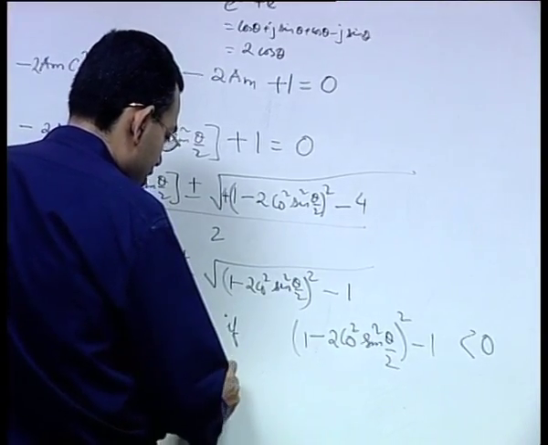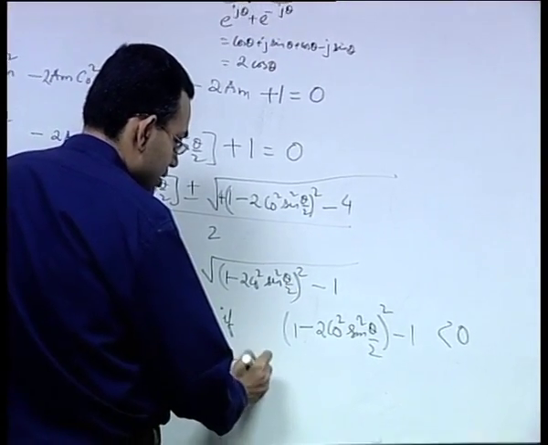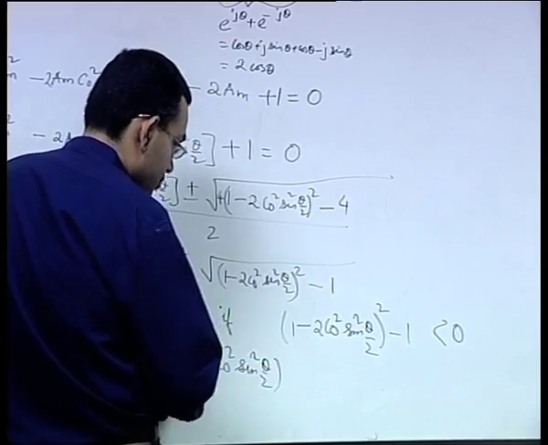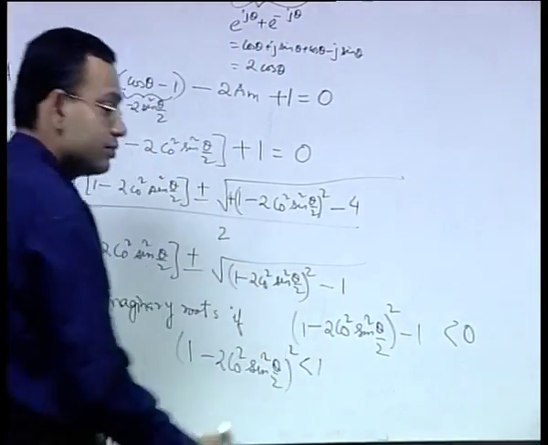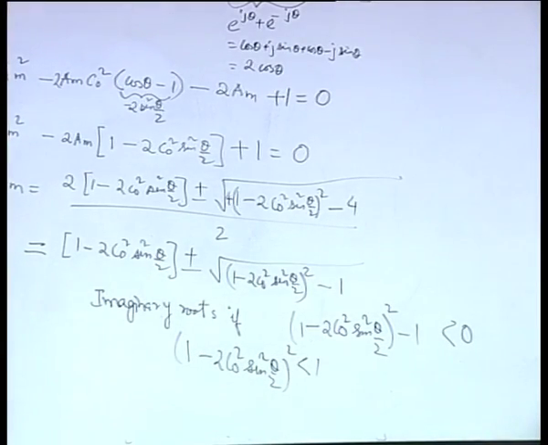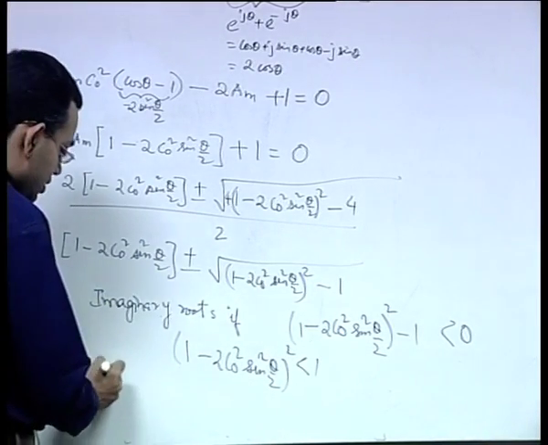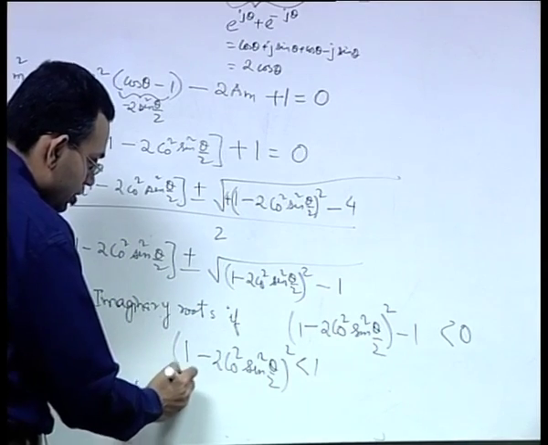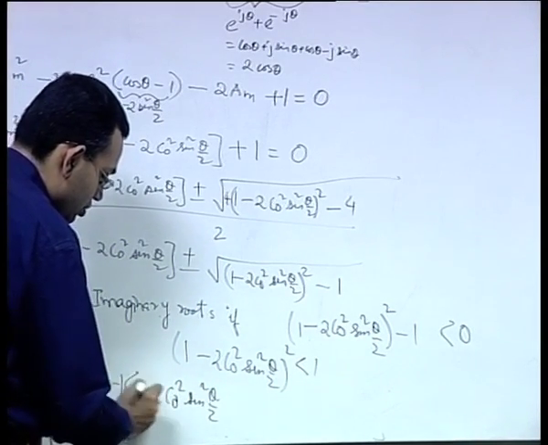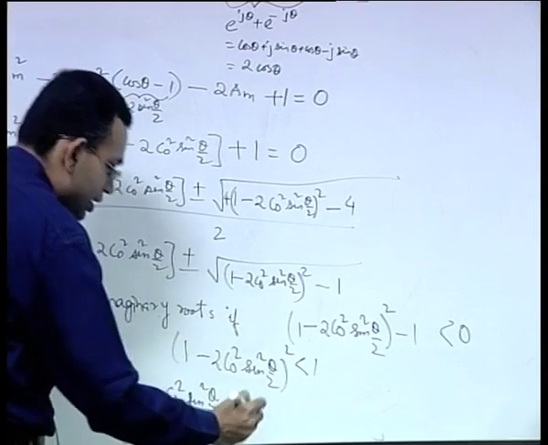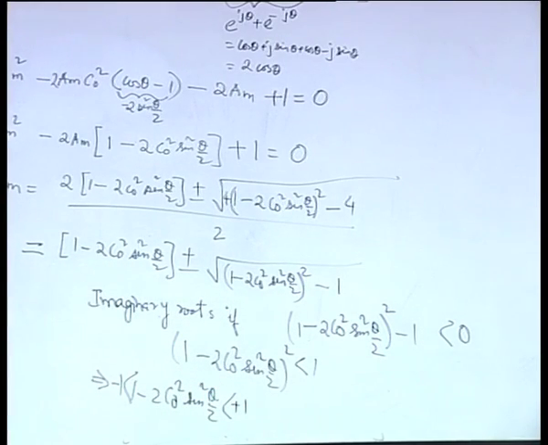So, 1 minus 2 c naught square sin square theta by 2, whole square less than 1. That means 1 minus 2 c naught square sin square theta by 2, its magnitude should lie between minus 1 and plus 1, so that its square is less than 1.